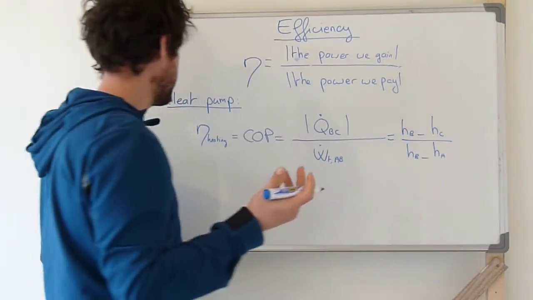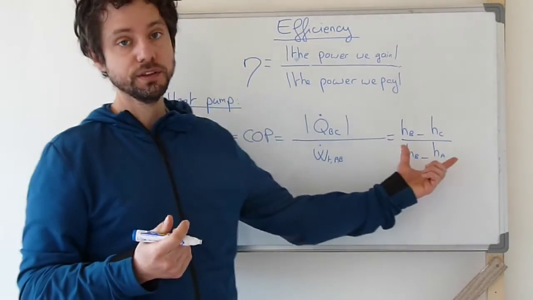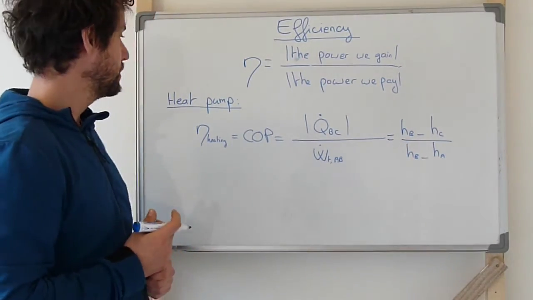So it's possible to express the efficiency of the cycle with only these three specific enthalpies.